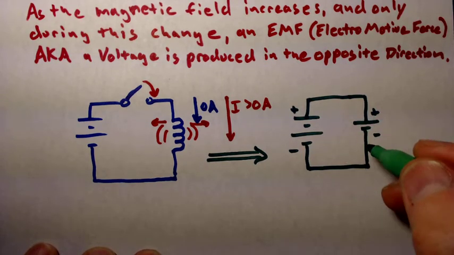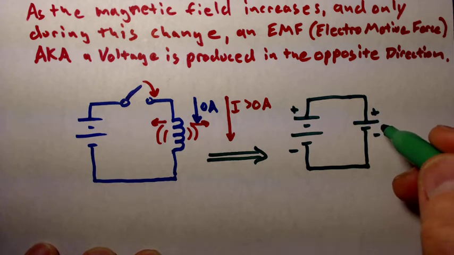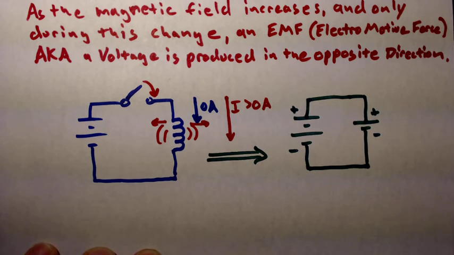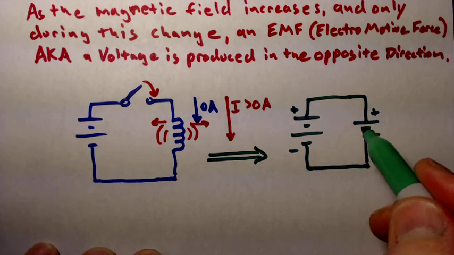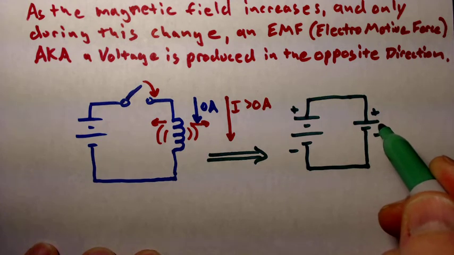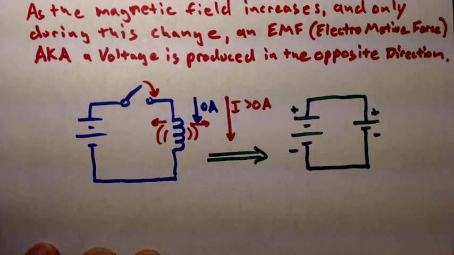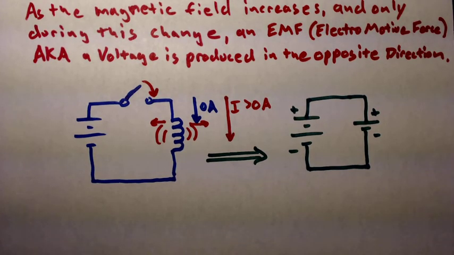So this inductor is creating its own EMF in the opposite direction. Well, what that ends up doing is it opposes the instantaneous change in current. So let's graph this out and see what happens here.